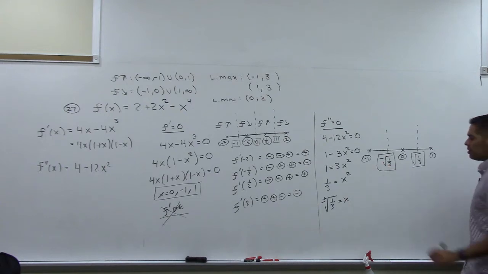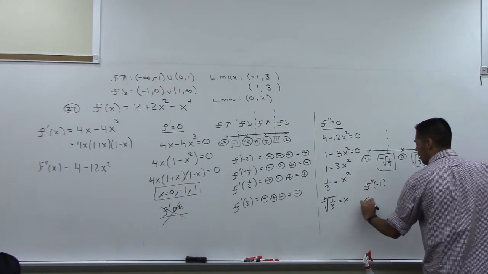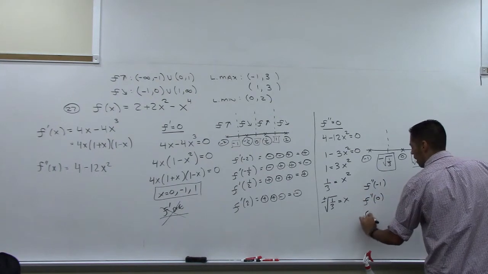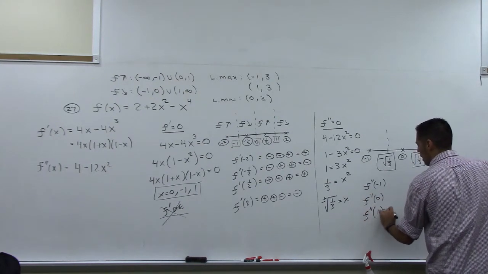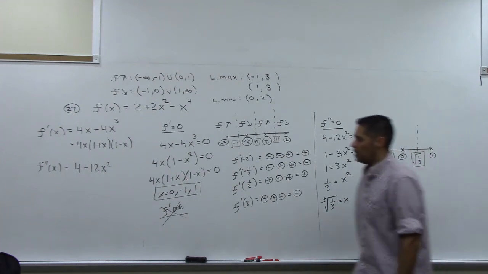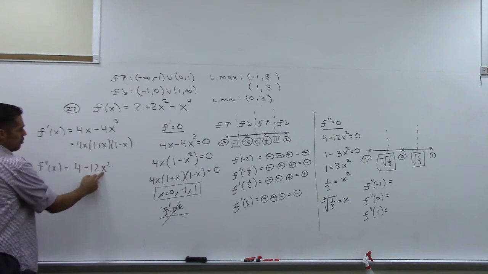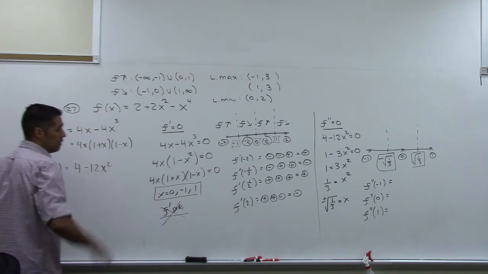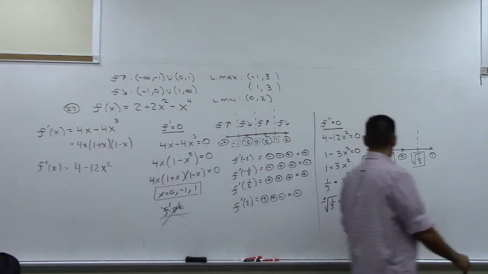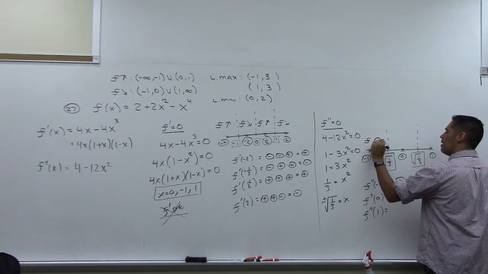So I take these numbers, -1 and 0 and 1, and I plug these into the second derivative. Now it's a little easier to plug into the second derivative, so I'm not going to need to do anything. Just let's plug -1 in here. It squares, becomes 1. So 4 minus 12, that's negative. So I get a negative number here, which means my original function is concave down here.